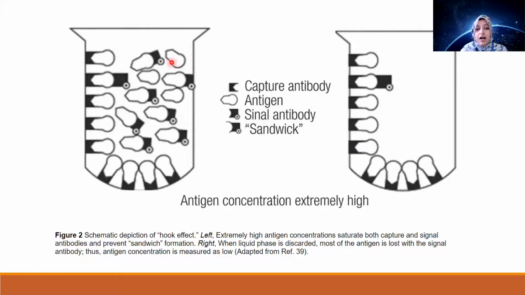So this is a very high prolactin concentration in this jar, and when this liquid phase is discarded, most of the antigen is lost, and the only detection is this single signal antibody which is being detected. So you can understand all this is not detected. This whole portion is not detected. So this will give you a falsely low concentration of the prolactin hormone.